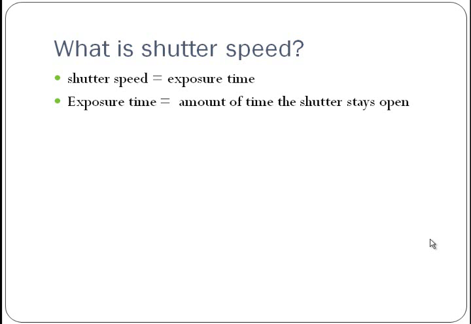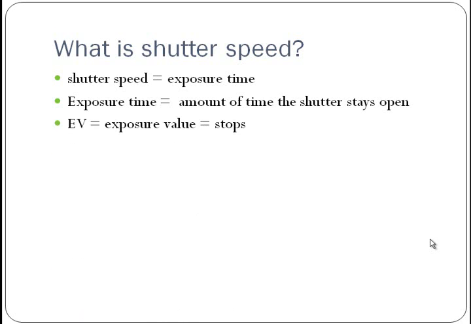Or you could just cut that straight down and say shutter speed is the amount of time that the shutter stays open. Now, the easiest concept for shutter speed is that the longer the shutter stays open, the more light it lets in. The faster it opens and closes, the less light it lets in.